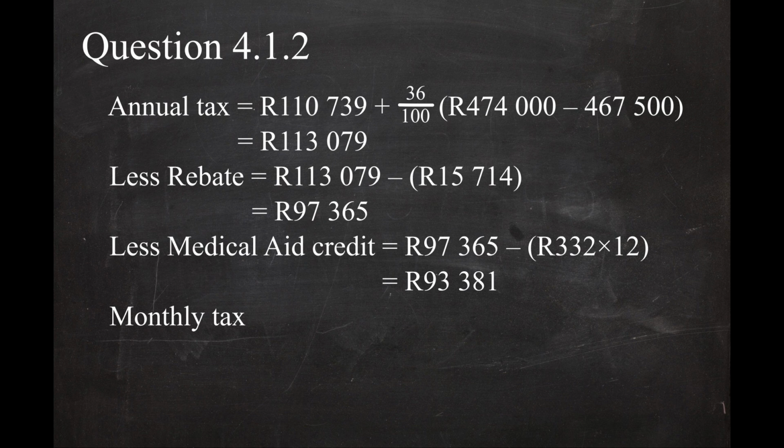Finally, the monthly tax is calculated by dividing the annual tax by 12 months. So the monthly tax equals 93,381 divided by 12 months of the year, and this gives us a monthly tax of 7,781 Rand 75 cents.